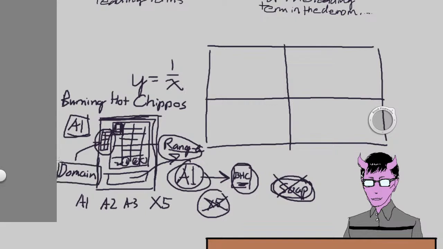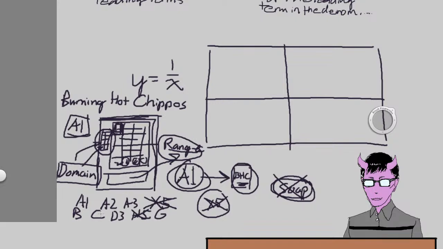Again, domain is what you can dial in. What are valid inputs? X5 is not valid. H5 is not valid. G might be valid depending on how expansive this thing is, but I don't think so. I think A, B, C's, and maybe D's at most, plus a number.